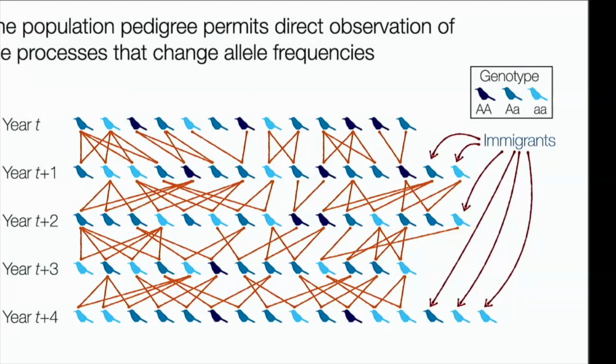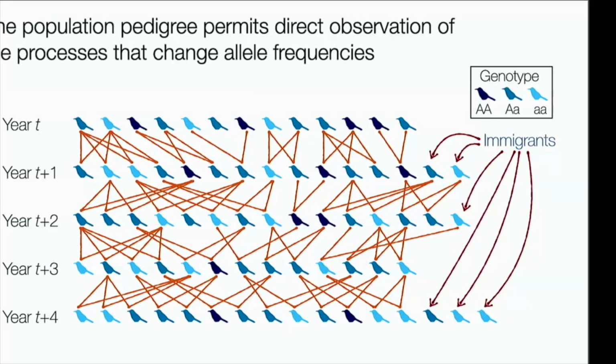Some survive, others die, some reproduce. Essentially, different individuals make different genetic contributions to a population over time, and it's this variation in individual genetic contributions that underlies allele frequency change.